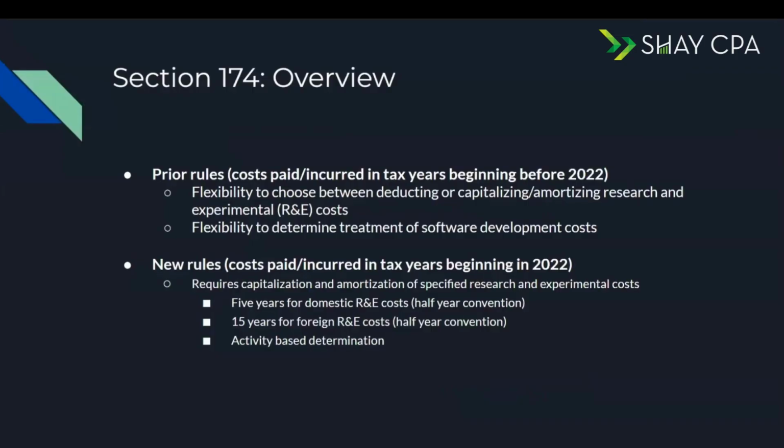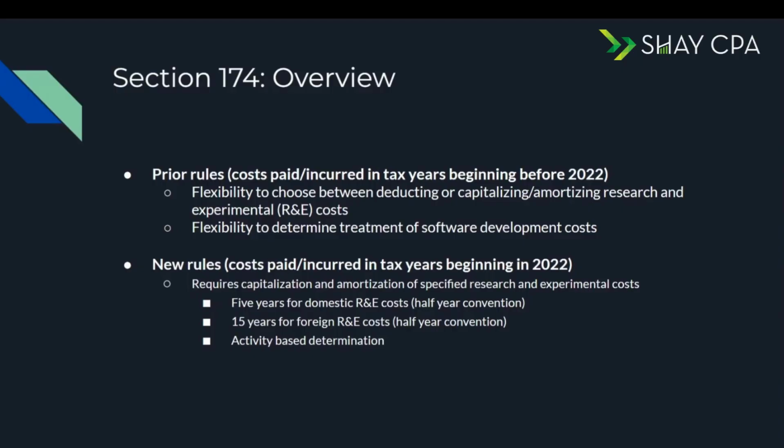Prior to the Section 174 Tax Cuts and Jobs Act, companies had the flexibility of choosing between deducting or capitalizing and amortizing research and development costs. However, because of the Tax Cuts and Jobs Act, there were new rules put in place by Congress and our then President Trump, who required companies to capitalize research and development costs and amortize them over specific periods of time.